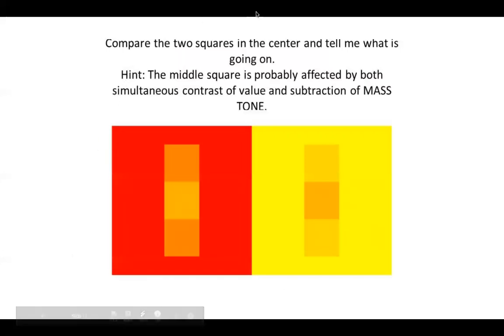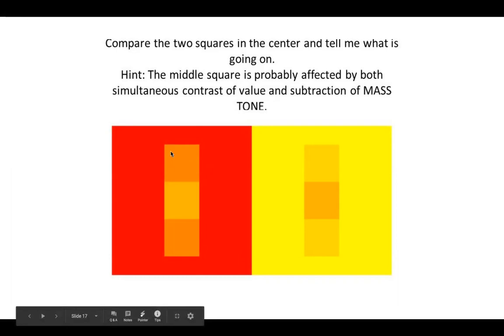Okay. Compare these two squares in the center and tell me what you think is going on. My hint here is that the value and the saturation are probably being affected.